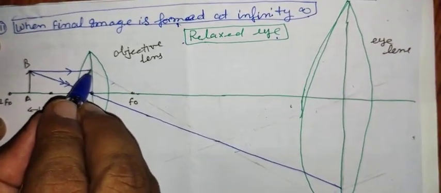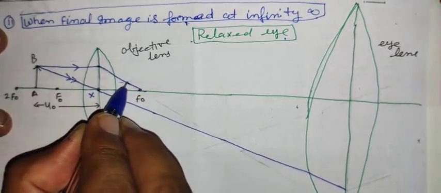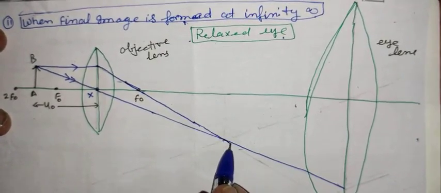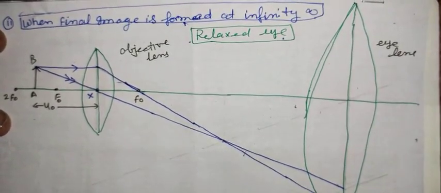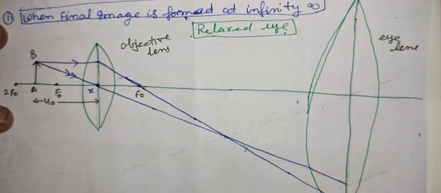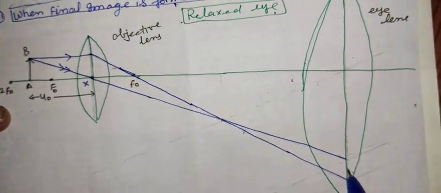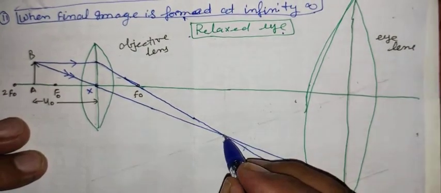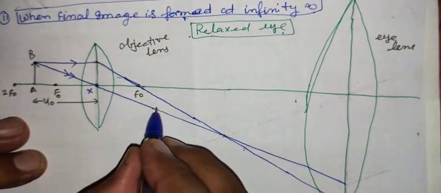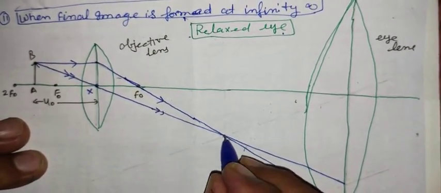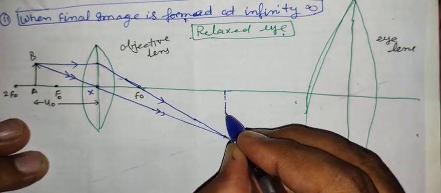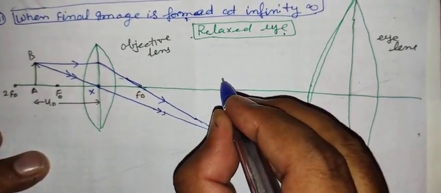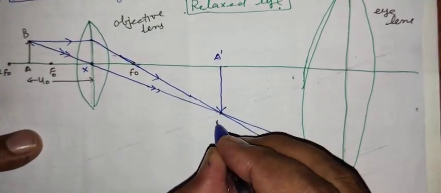The first ray, according to the rule, passes through the focus as it proceeds in the forward direction. Here they cross each other and fall on the eye lens. Now see, these two refracted rays, the second ray and the first ray, meet at this point. So a real image of the object AB is formed here, A dash B dash.